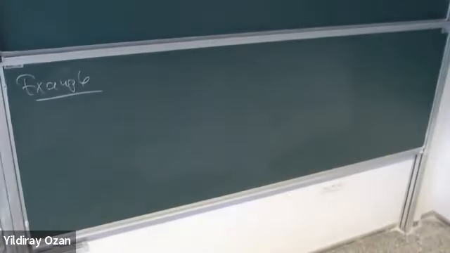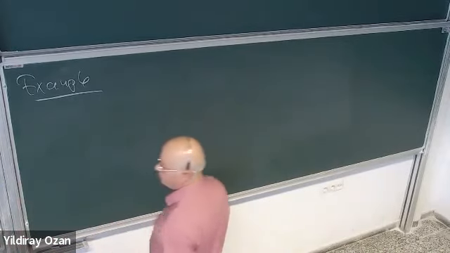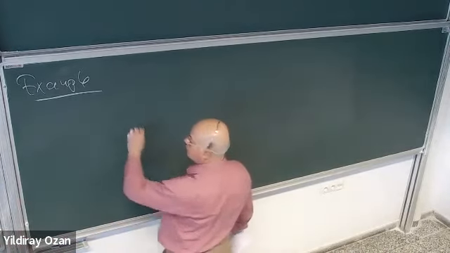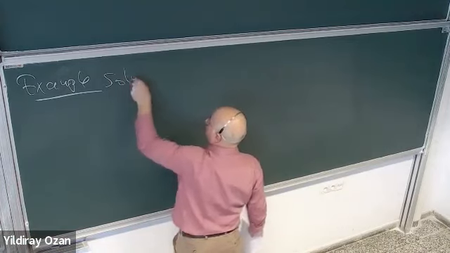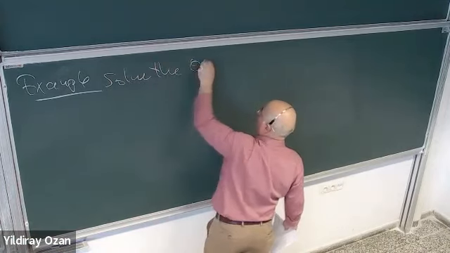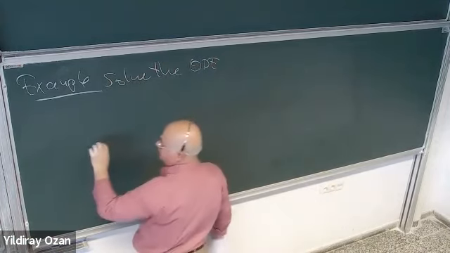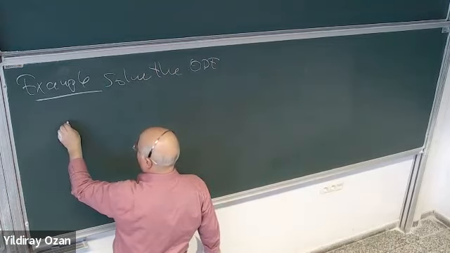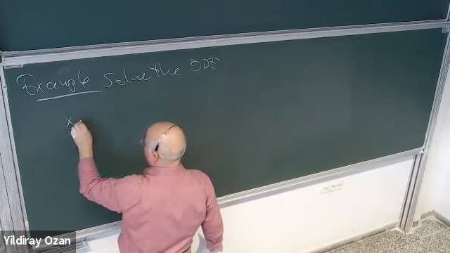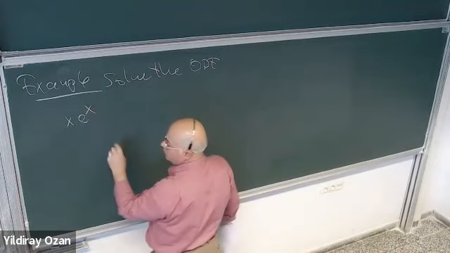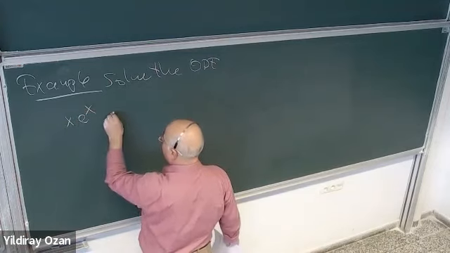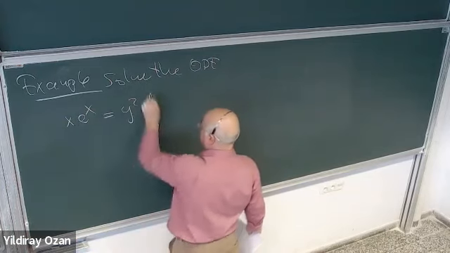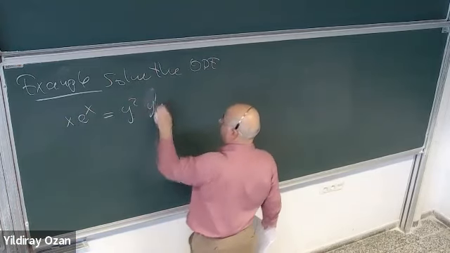Okay, let's do, for example, an example like this. So solve the ODE. Let's say x times e to the power x equals y squared y prime.